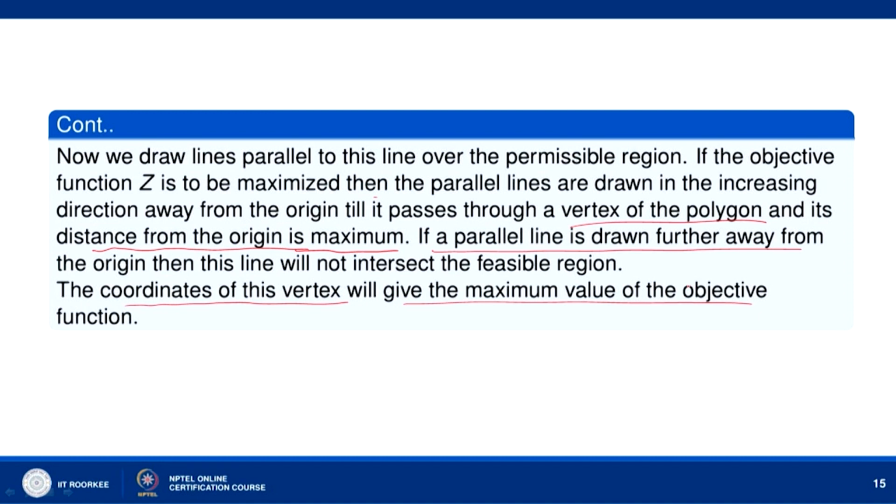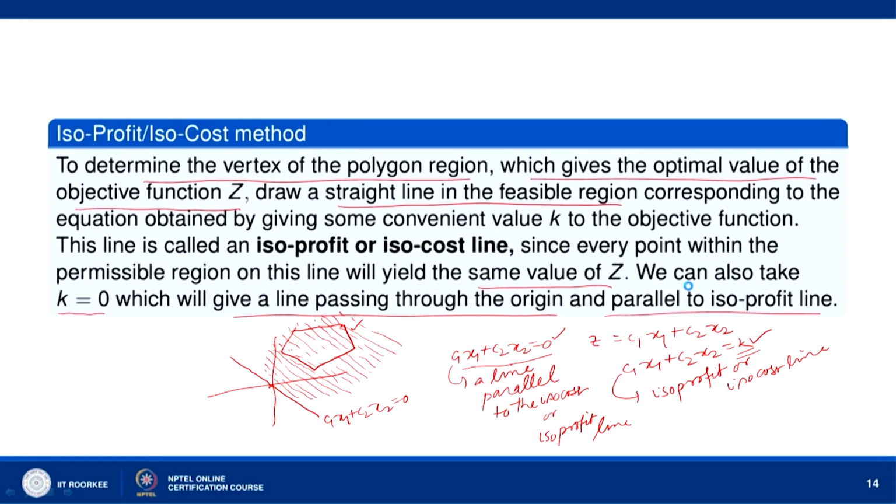This vertex will give us the point at which we have the maximum value of z. So, we put the coordinates of this point in the given expression z = C1x1 + C2x2, and we will have the maximum value of z.